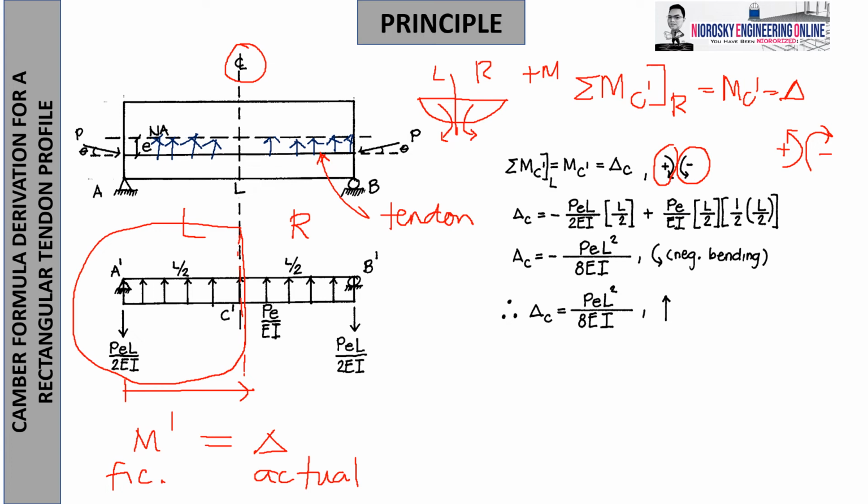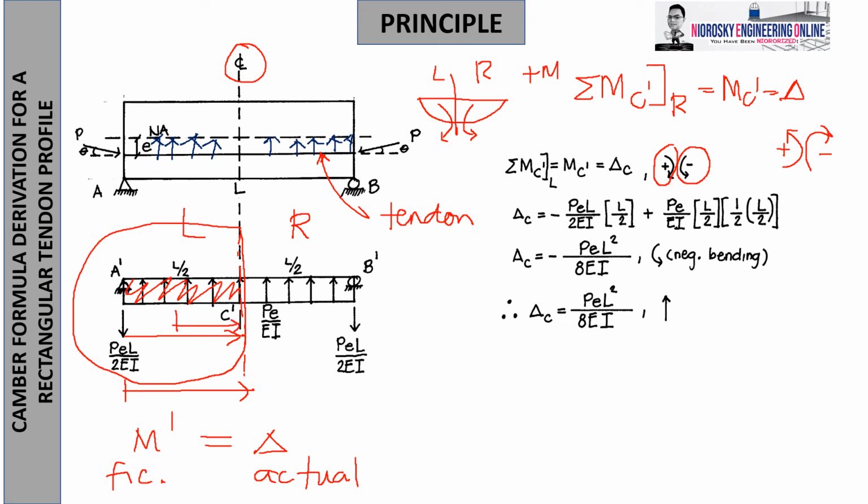So, you have to take this equation. You take the fictitious reaction going to that point, which gives us this equation. Followed by this load, which is upward and rotates clockwise, so it is positive. Then followed by the centroid, 1/2 of L over 2.